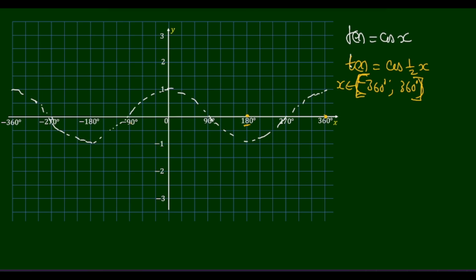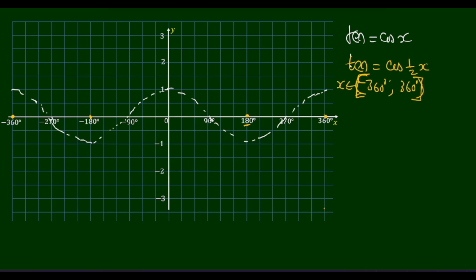Even if you come this side, you say negative 90 divided by half, you get negative 180. See that? From 0 to negative 180 degrees, that is 180 degrees. And then you say negative 180 degrees divided by half, you get negative 360 degrees. You see that? Okay, so it means the critical values now are every 180 degrees. Okay, so now we need to sketch this graph.